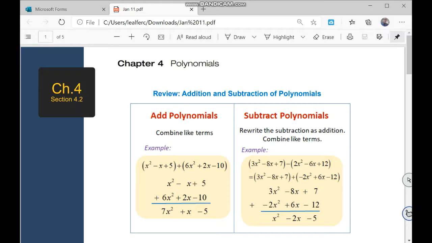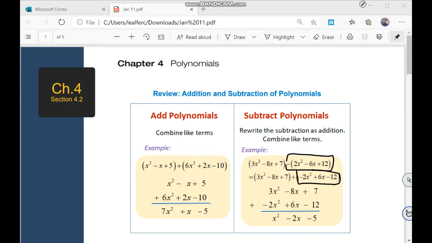We learned how to add polynomials, and basically, if you put together all the terms and combine like terms, this is how you add polynomials. And we learned how to subtract, which is kind of the same as addition, but before you have to change the second polynomial here. The polynomial that's after the subtraction, you change into the opposite.